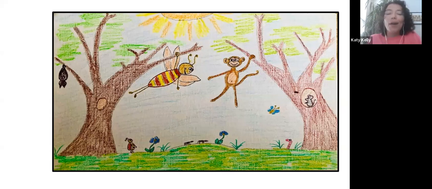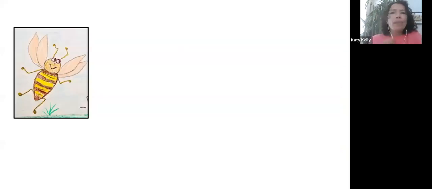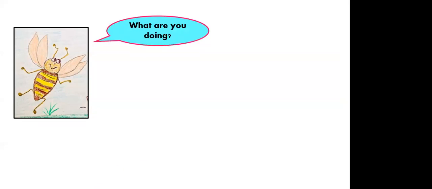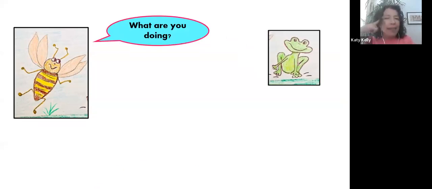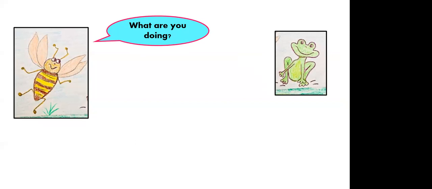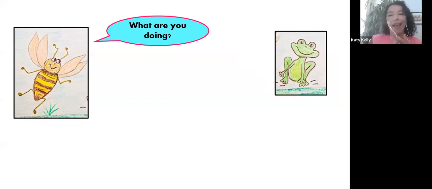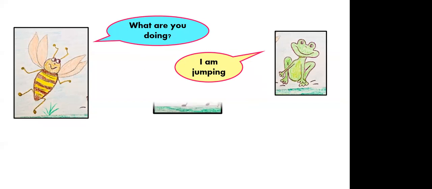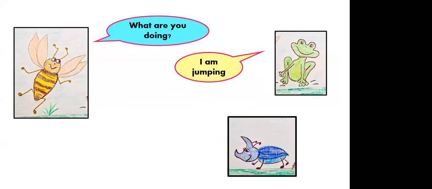Now, let's see. What do we remember? So this is Bella Bumblebee, and she says, "What are you doing?" Good job. Excellent. And let's see. What can you remember? What did the frog say? I am jumping. Yes, good. Fantastic. And then who did she meet next? Beetle. Lovely.